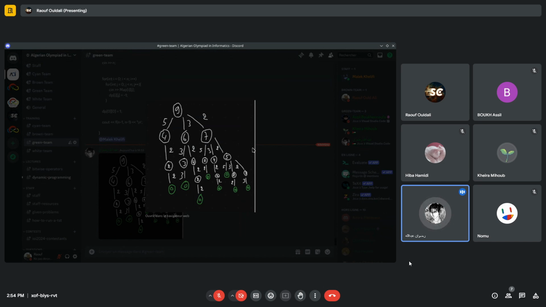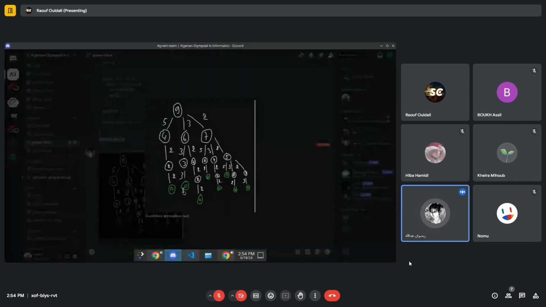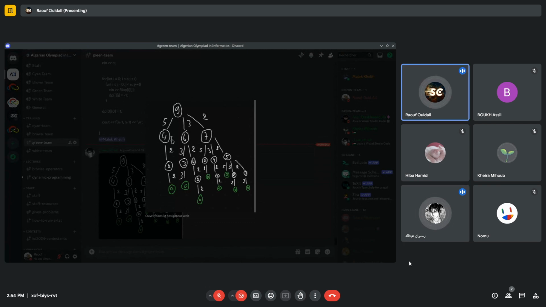And then you sum them up, you get one, two, three, four, five, six, seven, eight, I guess. Yeah, it works. So simply, we iterate through the coins and subtract the coins from the sum we want, and then solve for that. So we use recursion. Or here we can just start from one and build up. What do you say?